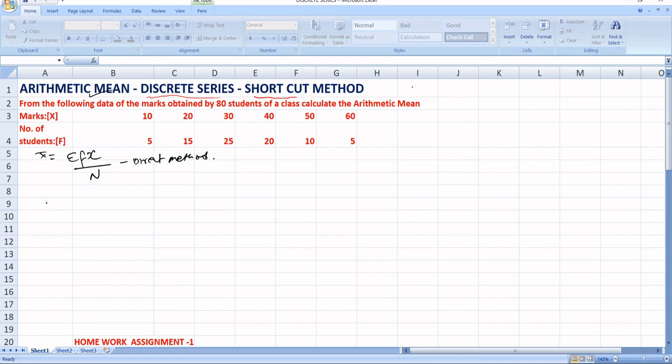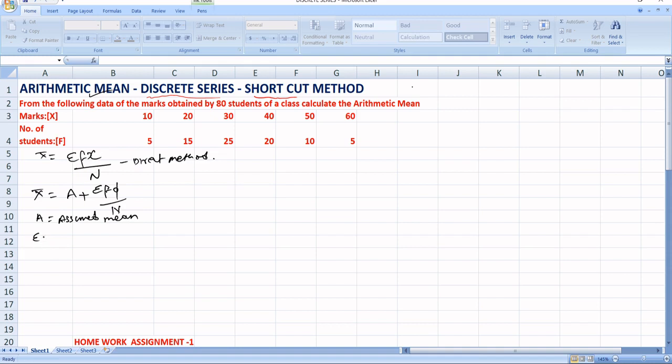So here the formula in shortcut method of discrete series is arithmetic mean is equal to a plus summation fd by n. What is a? A is equal to assumed mean.